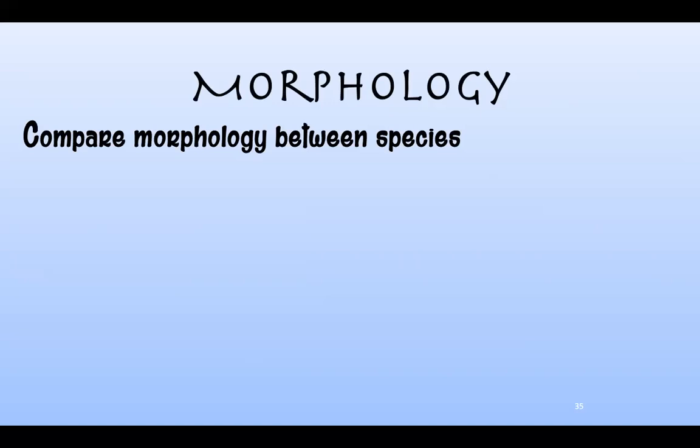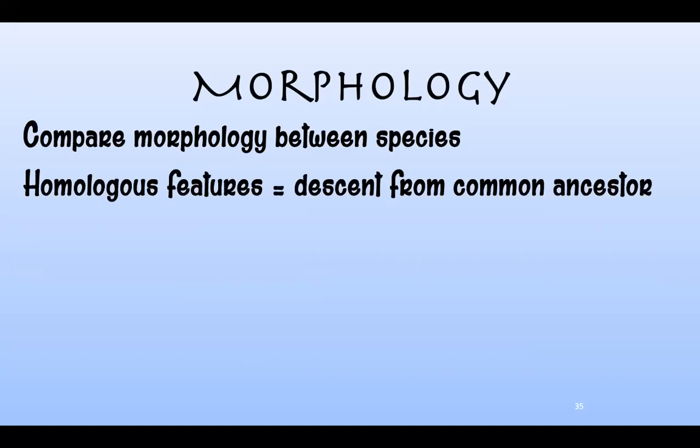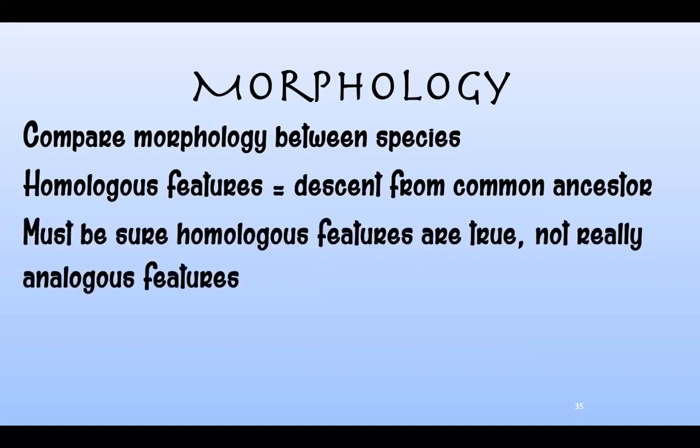Right, so part of the evidence of evolution that I talked about in a previous chapter are homologous features. Homologous features are an indication that two organisms descended from a common ancestor. But we have to be sure that the homologous features are true homologous features and not really analogous features.